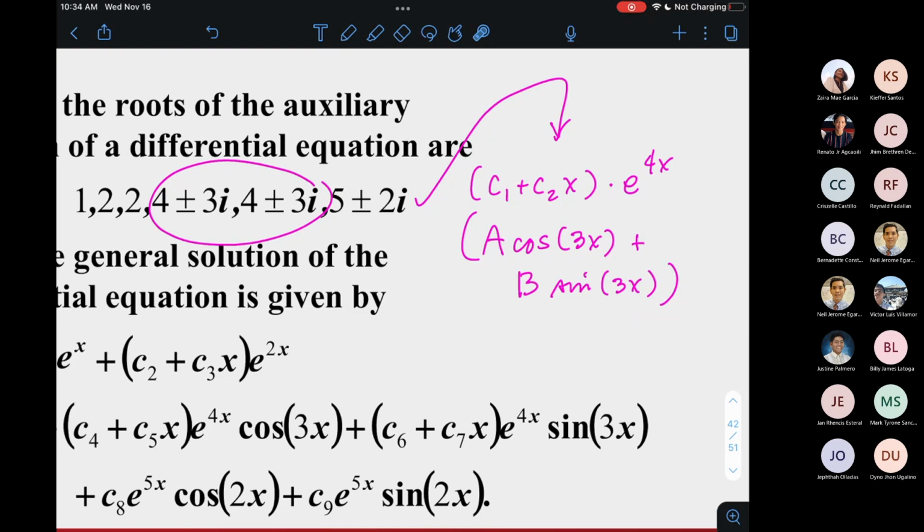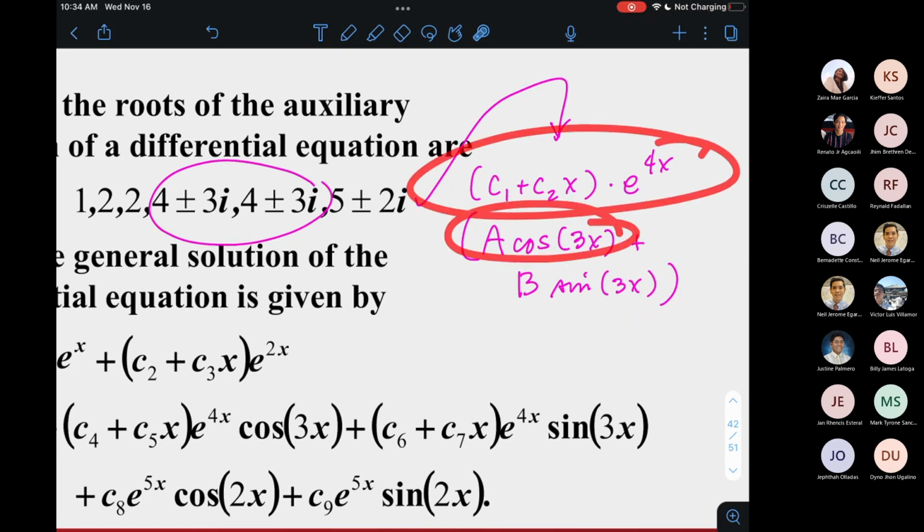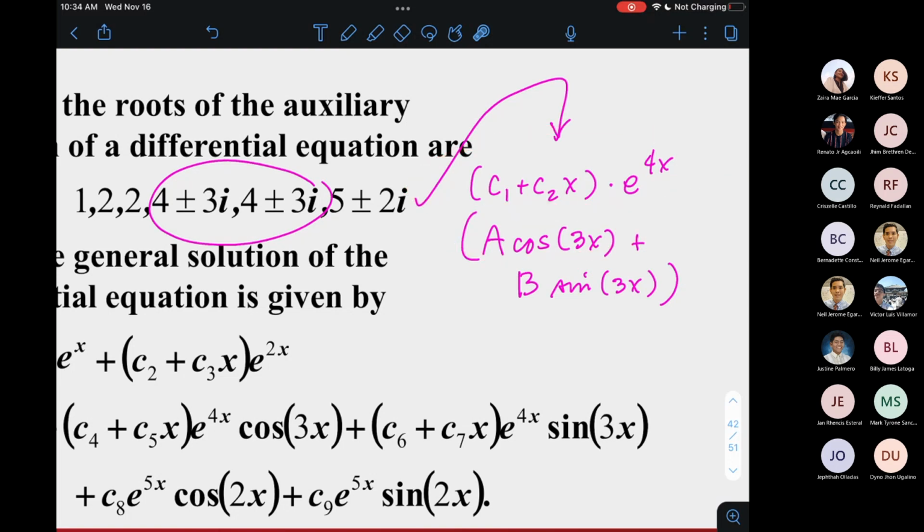Alright? Kasi ang coefficients, pag in-expand ko to, ay AC1 plus AC2x. Pero pag ito yung in-expand ko, magkakaroon ako ng BC1 plus BC2x. So magkaiba sila ng constants. Ang ginawa nung slide, pinaghiwalay niya na lang, tapos yung AC1 binigyan niya ng ibang pangalan, yung AC2 binigyan niya ng ibang pangalan, as well as BC1 and BC2.